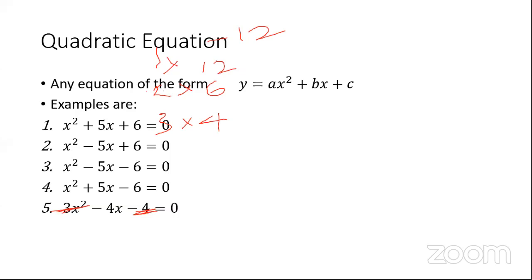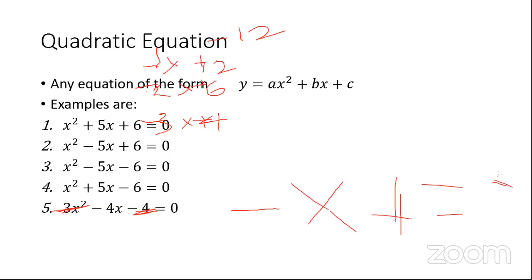But in this case, we have minus 12, like what I illustrated the other time. We must have two different signs to be able to have a negative. So we must have either minus 1 plus 12, or minus 2 plus 6, minus 3 plus 4, in that manner, or you interchange it.